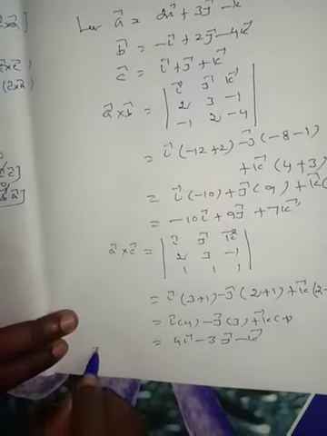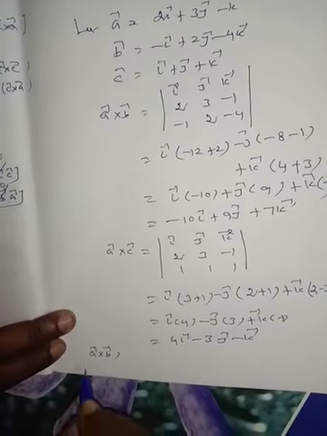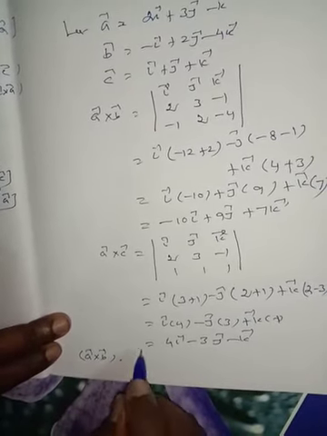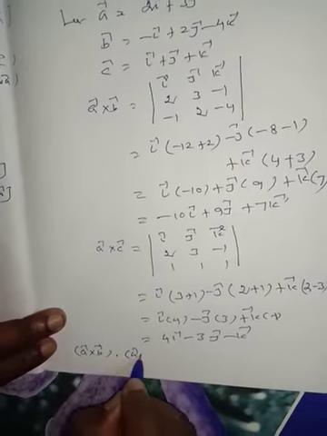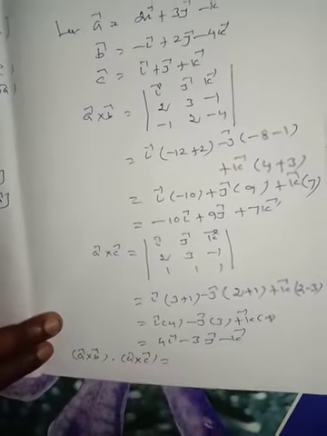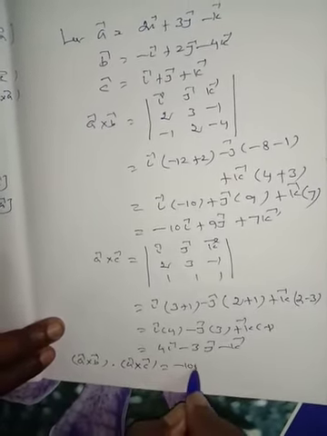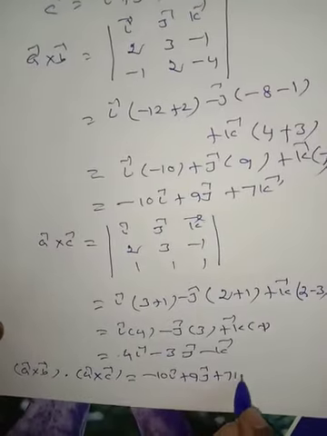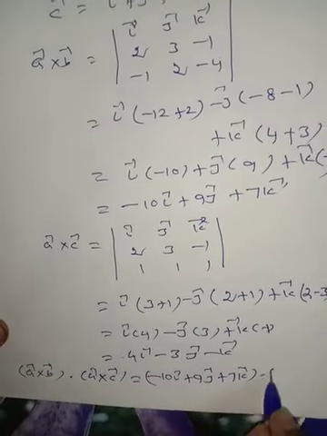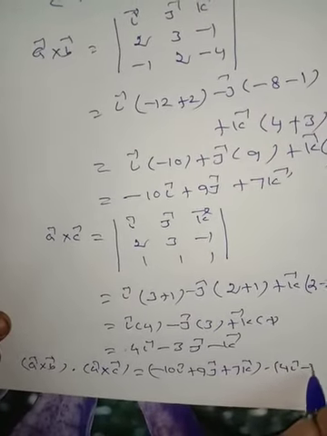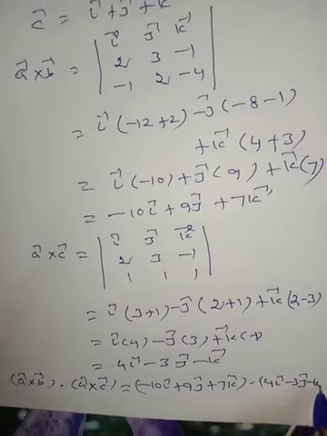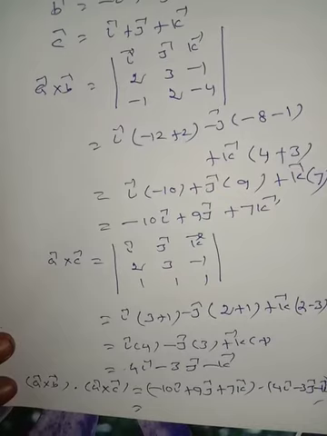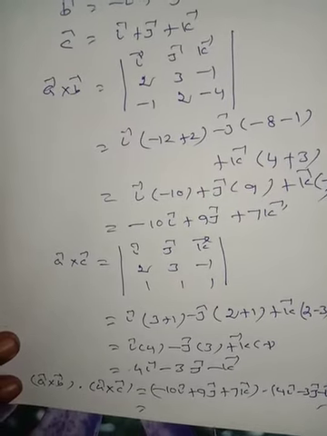Now A cross B dot product of A cross C is equal to minus 10I vector plus 9J vector plus 7K vector dot product of 4I vector minus 3J vector minus K vector. We know that I dot I is 1, J dot J is 1, K dot K is 1.